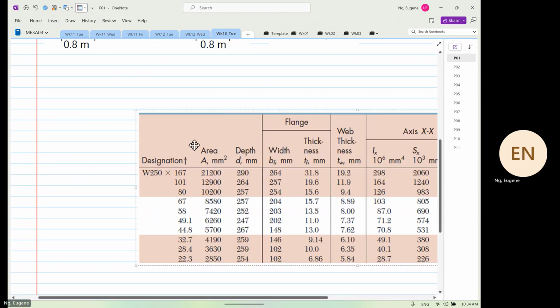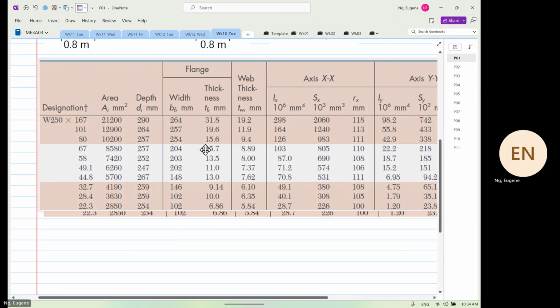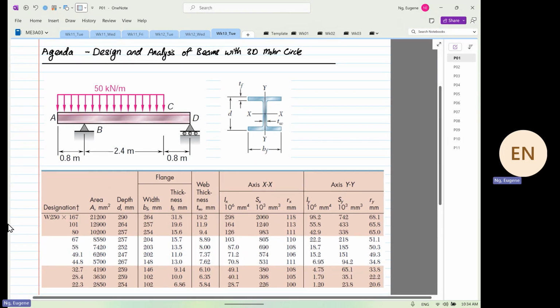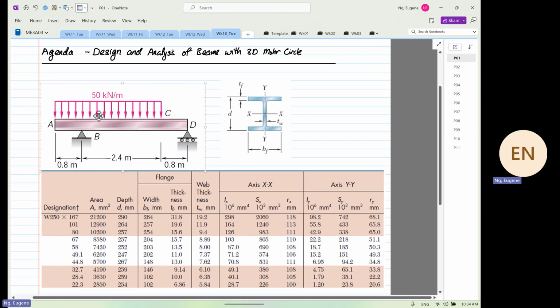Right. So the structure that we're going to analyze, so this is the first example, this is the example we're going to do. Okay.